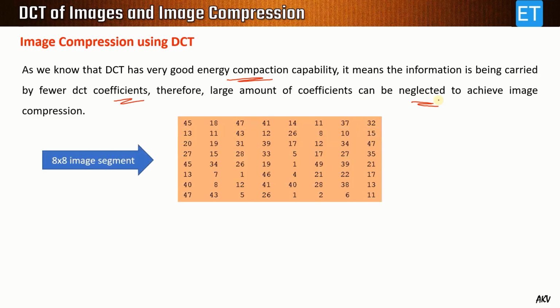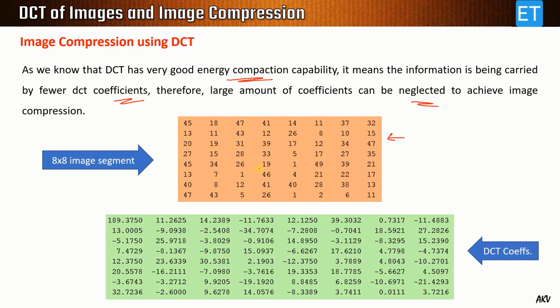Here you can see one example. This is my 8x8 image segment. You can consider this is your 8x8 image, and if you take the DCT of it, you can see these DCT coefficients. You can see this first one, which is known as the DC component, is the largest one in the DCT coefficients.